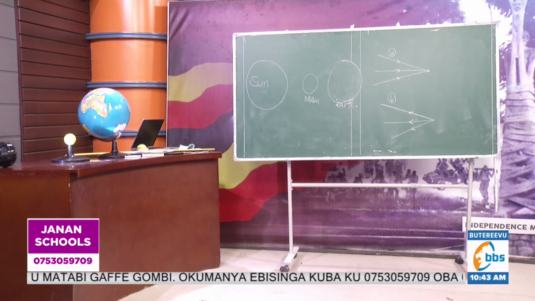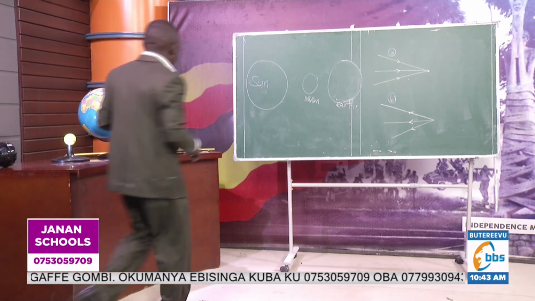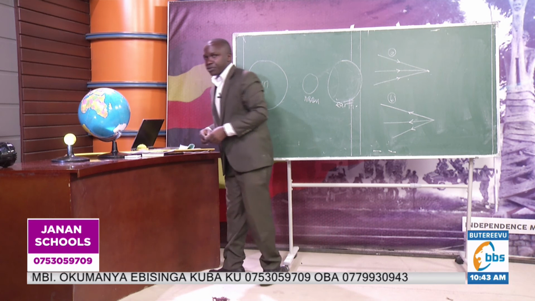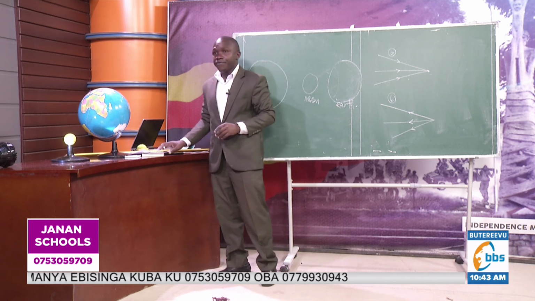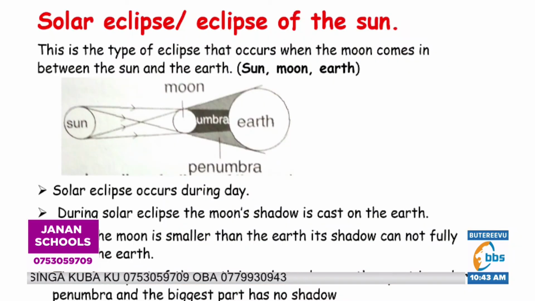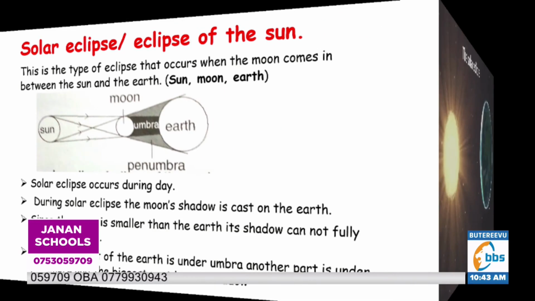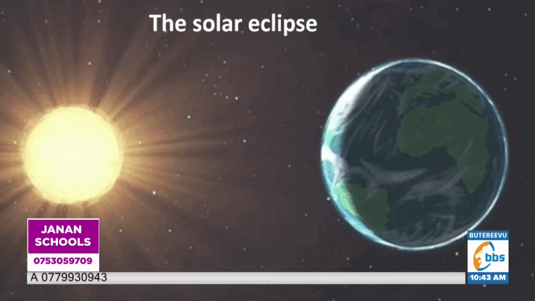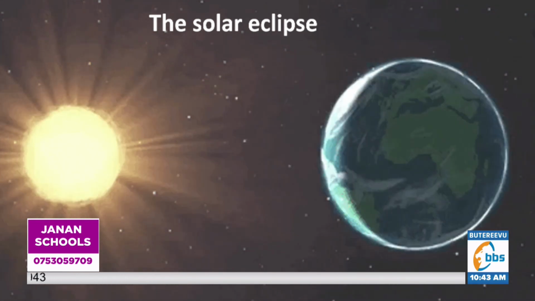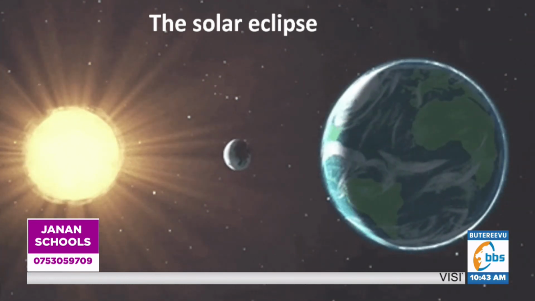Now let me take you through those illustrations. I need to show you different illustrations, and all this is to help you understand better what solar eclipse is. Now that is what happens. You can imagine the size of the moon.